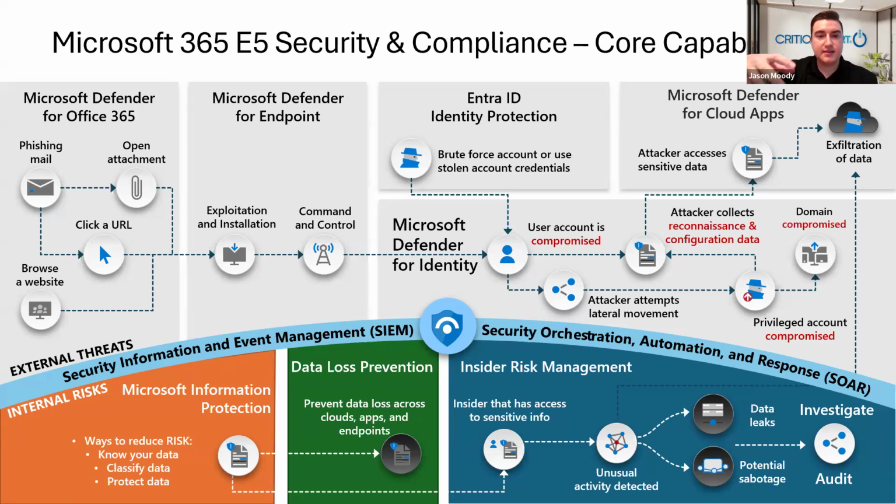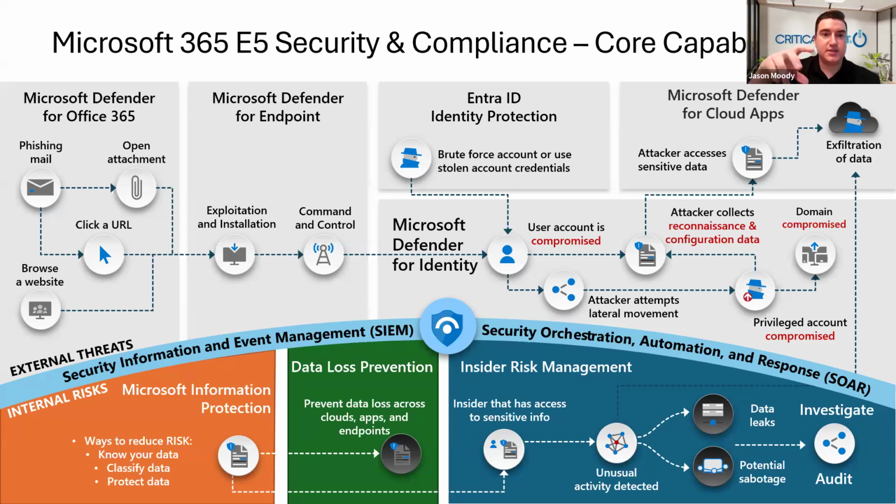Defender for Identity works by putting a sensor on your domain controllers if you have on-premises identities. It protects against attacks on your on-premises identities and also on-premises nefarious behavior. So all that lateral movement that can happen between servers and things of that nature, that's what it's detecting and providing alerts for. I call it the unsung hero of the Defender stack because not enough people are talking about it, but it's very valuable.